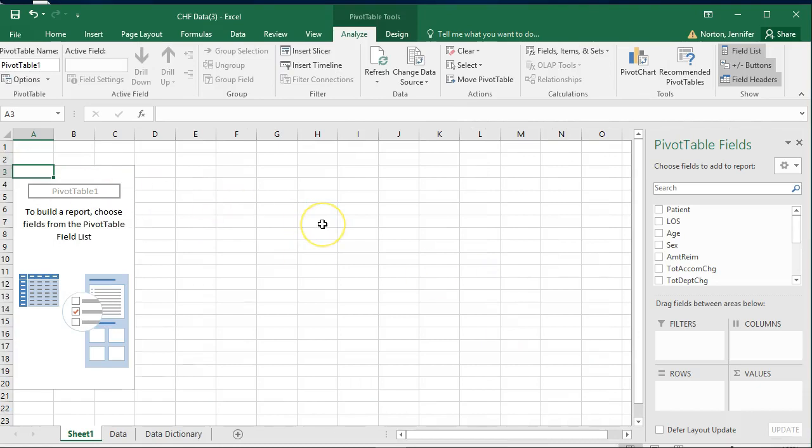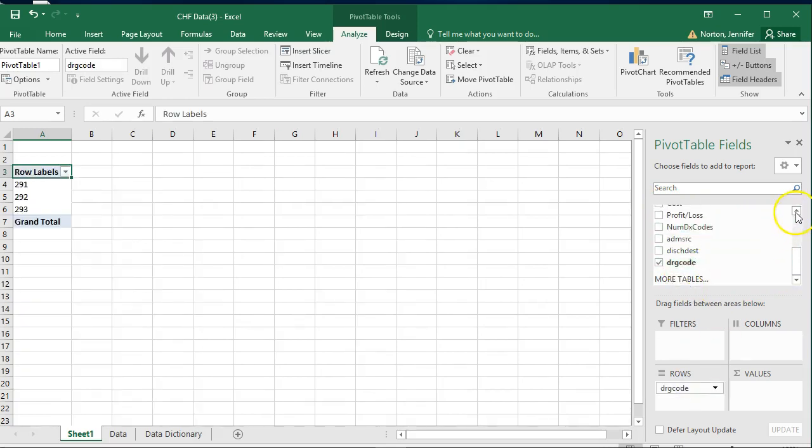Okay, and so the first thing we want to do is we want to do 2 things. We want to say how the spread of our patients compares to the spread of the HCUP, that national statistic. So we're looking at the spread of DRG patients. This is kind of something we've done before.